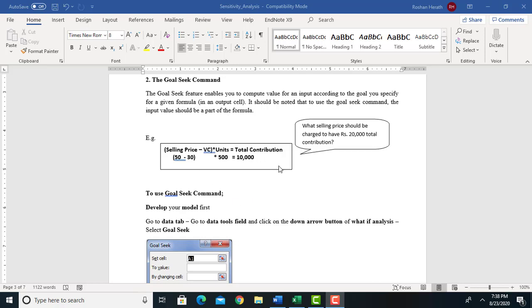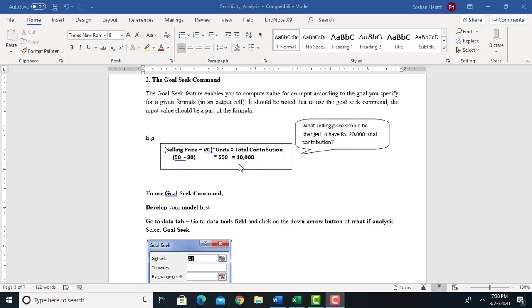You can see that here we have taken an example. You were given the selling price, the variable cost is given, and the units are given. Then the total contribution has been worked out. Let's say that in this scenario, you want to figure out what selling price you should charge in order to earn a contribution of 20,000.